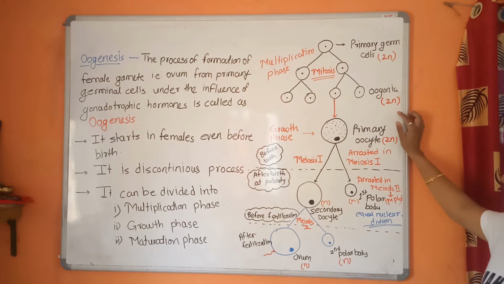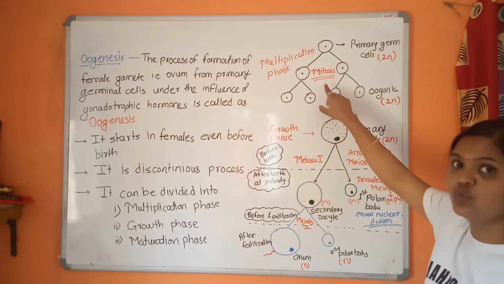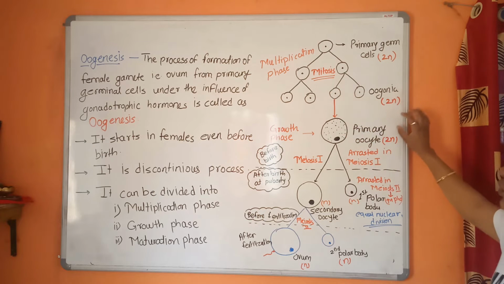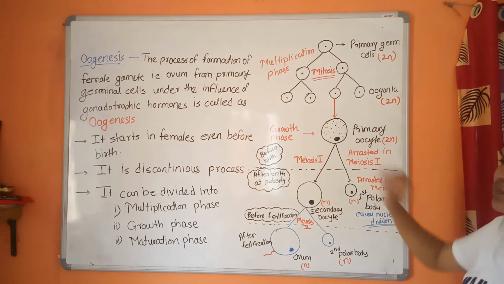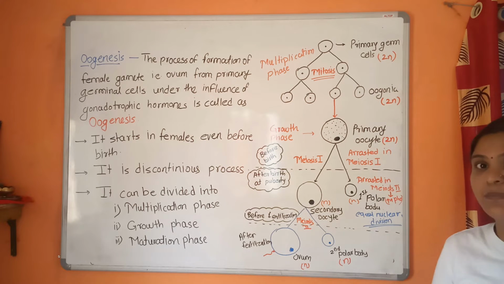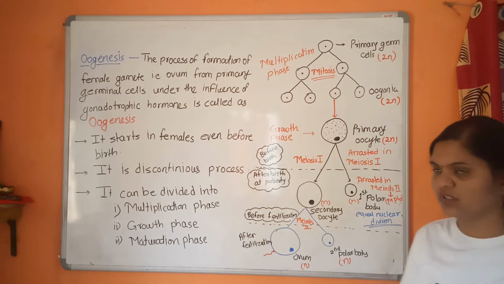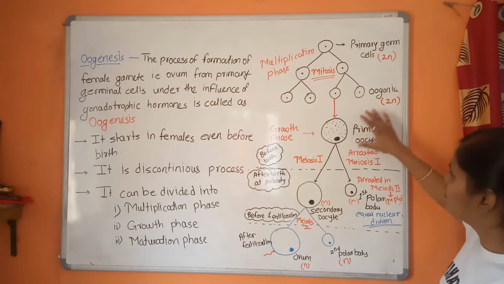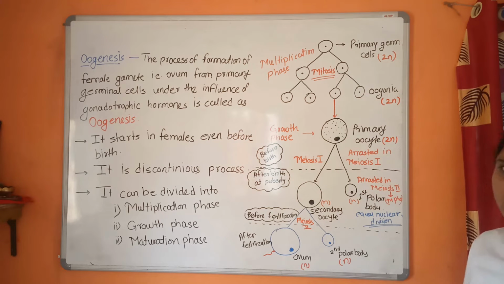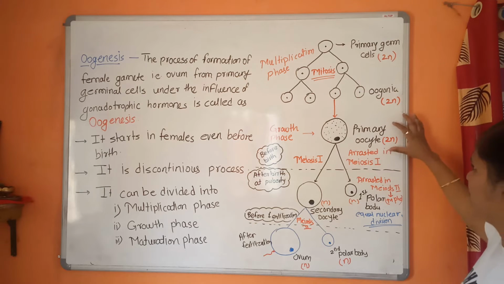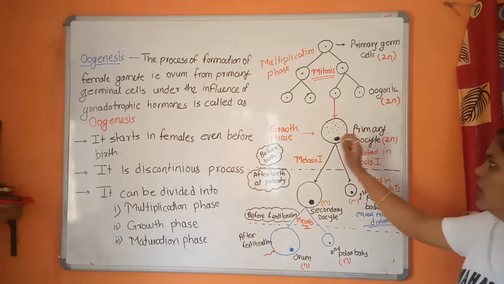The first step is the multiplication phase, in which the primary germ cell undergoes mitosis, through which millions of copies of oogonia are produced. Now the oogonia undergo a growth phase, which occurs because of vitellogenesis, that means formation of yolk, and the size of the oogonia increases. In the human female, the size of the primary oocyte increases 200 times because of yolk.